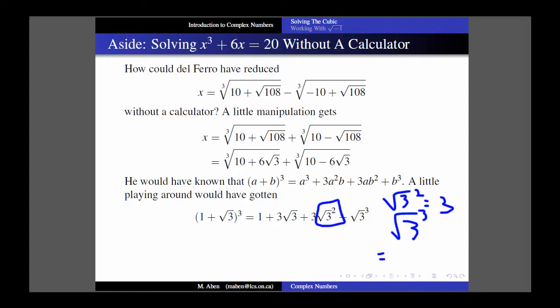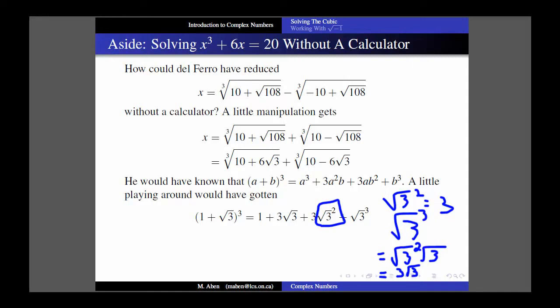Well, the square root of 3 cubed can be written as the square root of 3 squared times another square root of 3. That's the same as the square root of 3 cubed. And we just decided that the square root of 3 squared would be a 3. So if I square the square root of 3, that would be 3 times this other square root of 3.